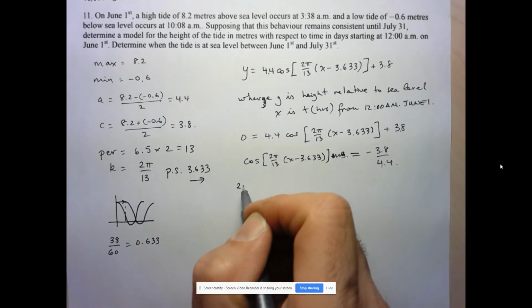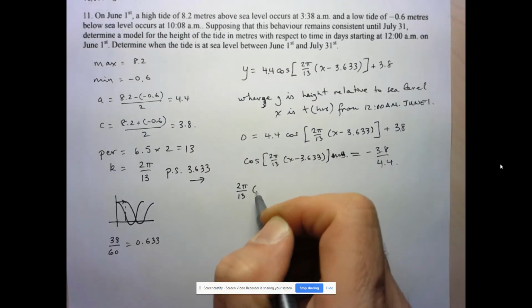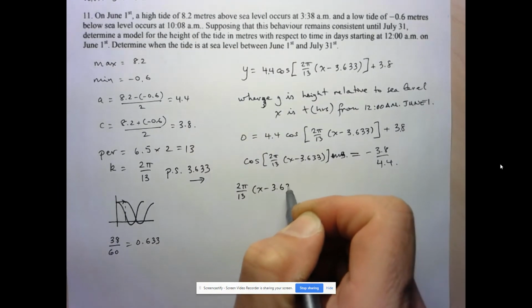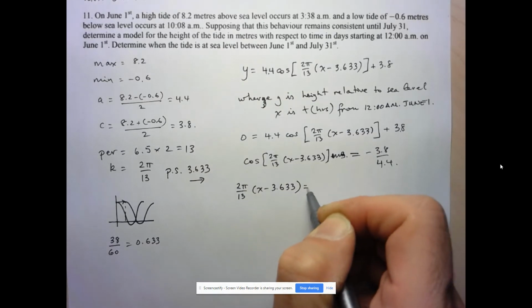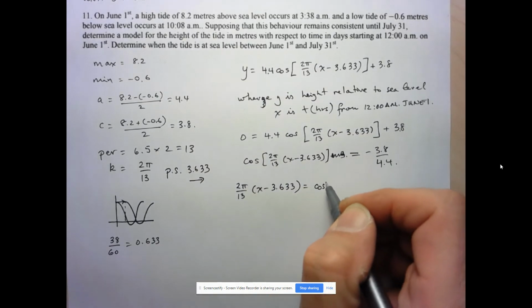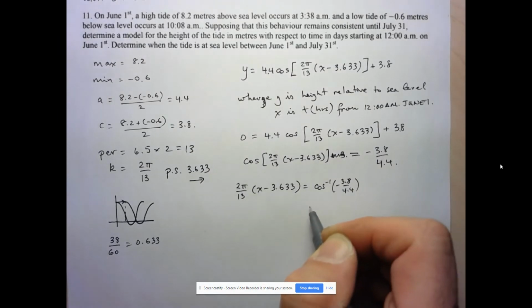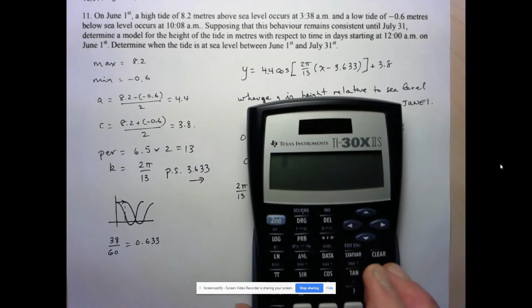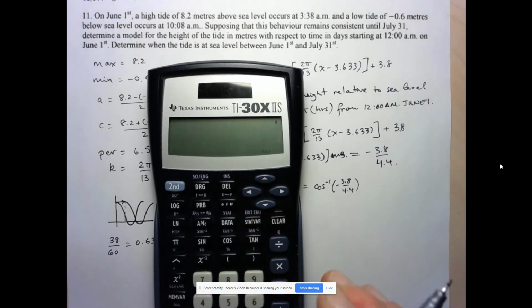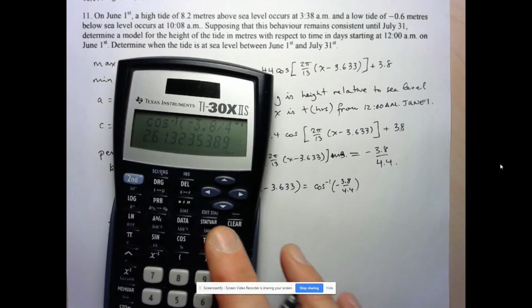So we have that 2 pi over 13 times x minus 3.633 is either equal to inverse cosine of negative 3.8 over 4.4. And what's that equal to? Inverse cosine of negative 3.8 divided by 4.4 looks to be 2.61.